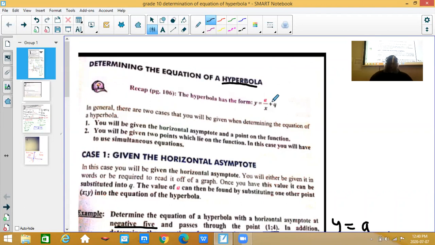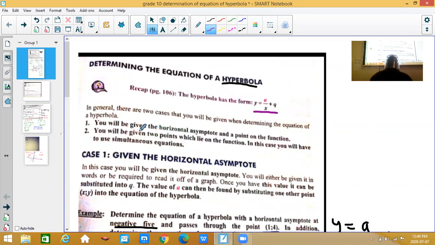The equation of a hyperbola has this format: y is equal to a over x plus q, where a gives us the shape of the hyperbola, and q is the horizontal line of asymptote. The horizontal line of asymptote.